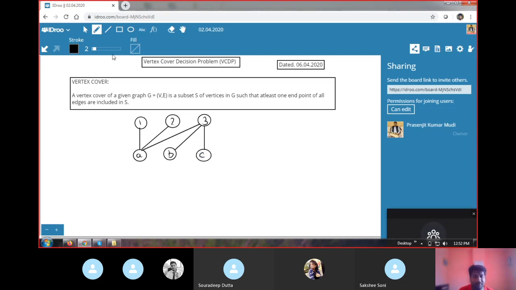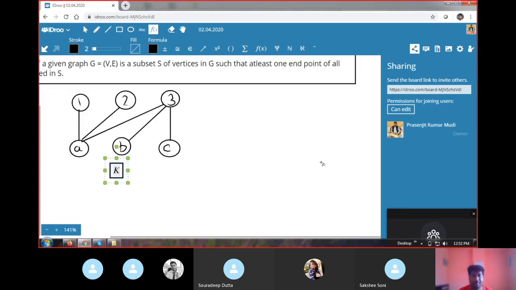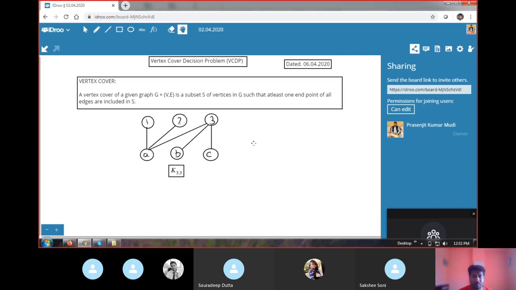Okay, so consider this a bipartite graph, and this is your X, and this is Y. So here we want to find a possible subset of the vertices in G. So we have six vertices in G: 1, 2, 3, A, B, C, and we want to find a subset of this set of vertices V such that all the edges will be covered.